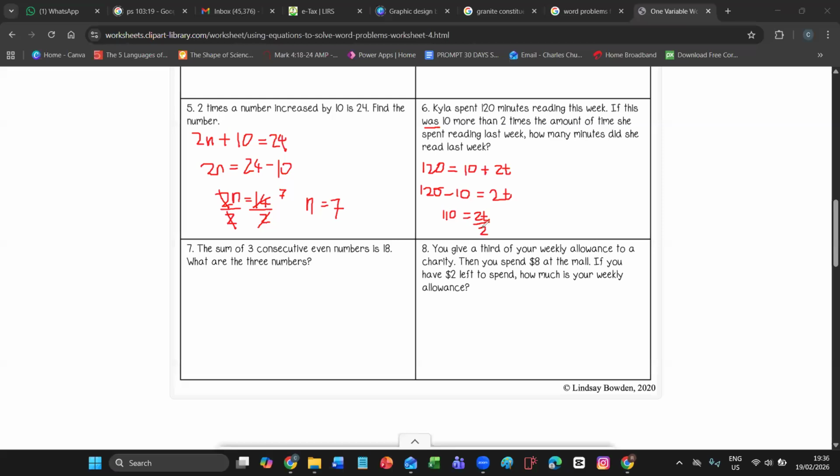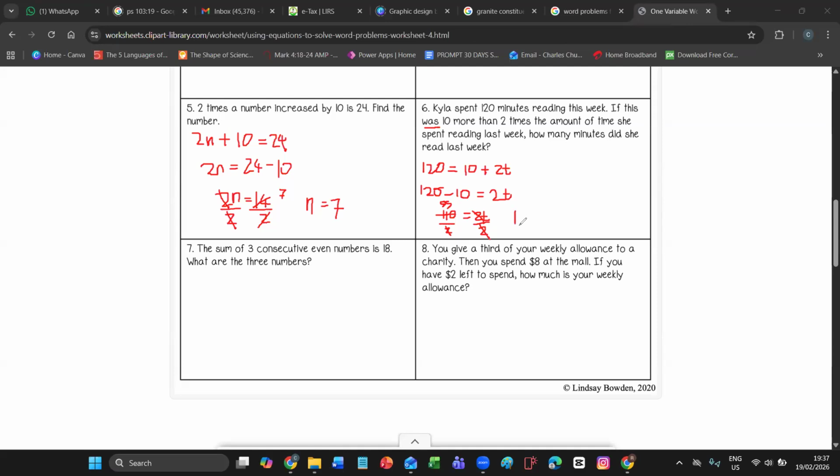We're looking for t. And that would be, 2 in 110 is what? 55. Okay, all right.